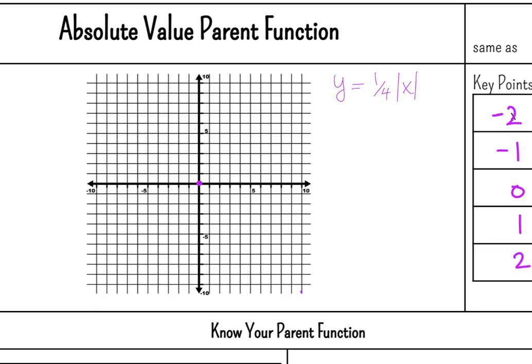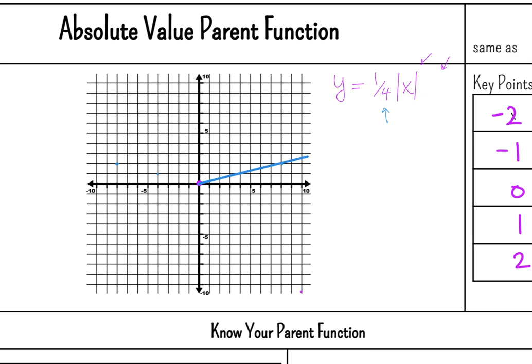It's at 0, 0 because we didn't move left or right. We didn't move up or down, right? And this is kind of like our slope then. We're just going to go up 1/4, up 1/4. And then I'm going to do it in the other direction too, because that is how symmetry works. Since we didn't move it left or right, our symmetry has not changed.